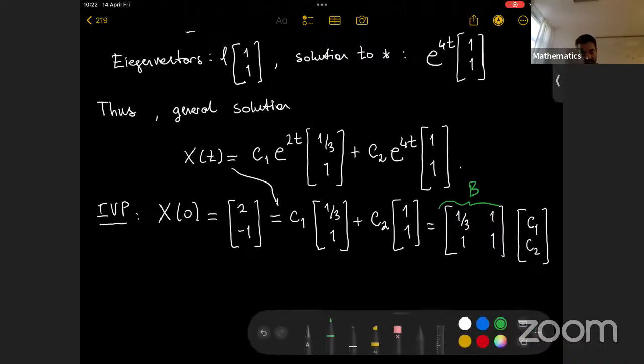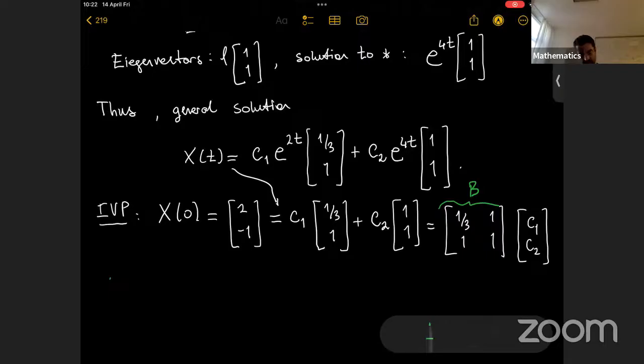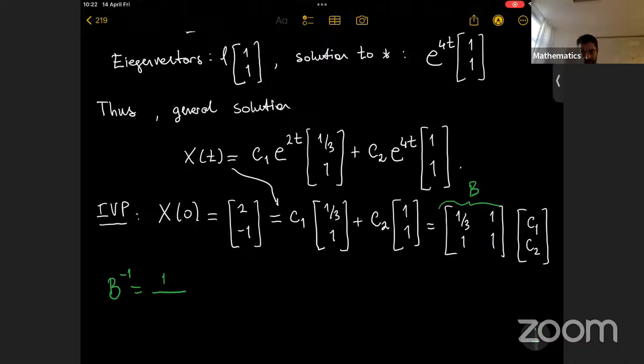What is B inverse? The inverse of this matrix is 1 over the determinant, which is 1/3 minus 1.